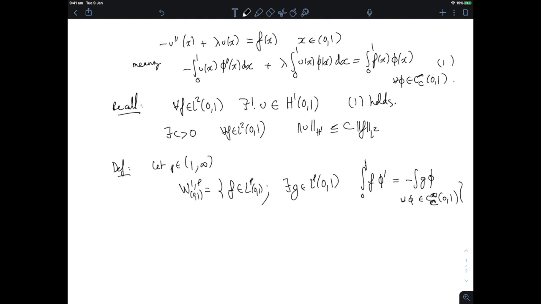So this is the Sobolev space with integrability exponent p.